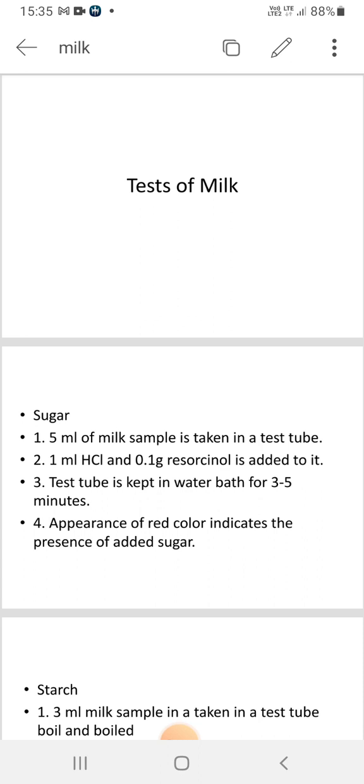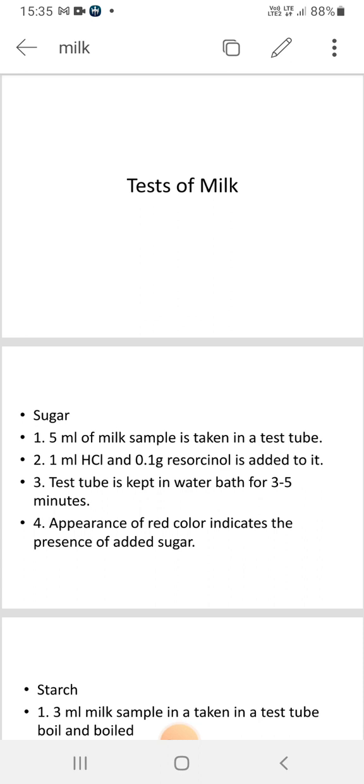So we conduct so many chemical tests in order to check the purity of milk sample. For example, if there is added sugar present in milk, then we can go for tests like resorcinol reagent is added to the milk sample, and then the solution is kept in water bath for 3 to 5 minutes.